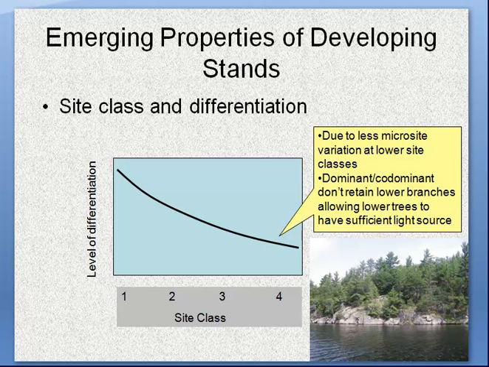Now, this graph is a neat little one, and it talks about how much variation you see in stands based on site class. And remember, site class, or SC as you have seen it on the GIS, means height growth versus fertility.